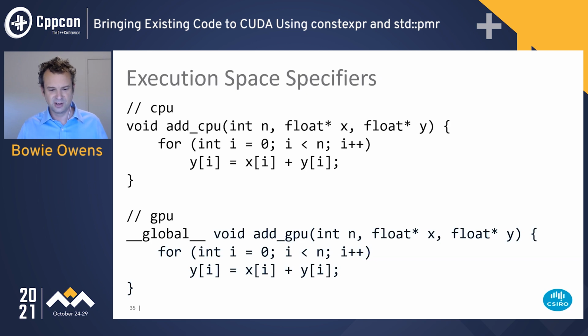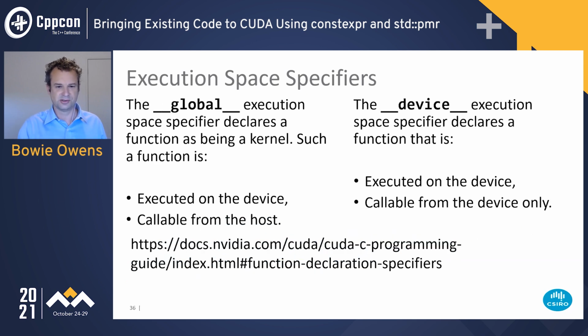Okay, so to do this, CUDA gives you three execution space specifiers that let us organize our code naturally and make functions available both to the host, the CPU, and the device, the GPU. The specifier we've seen so far is __global__, which declares a function to be a kernel function according to the CUDA terminology.